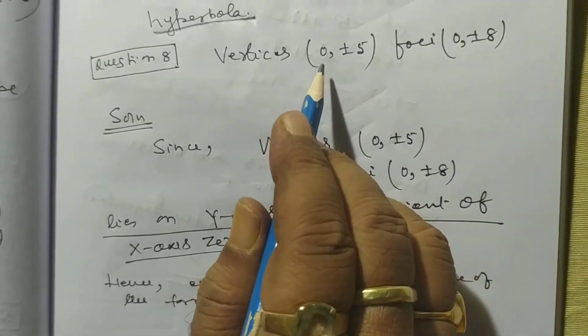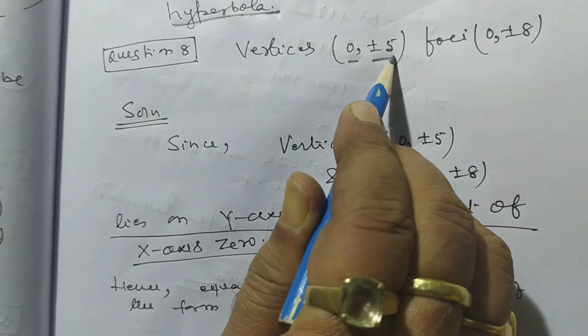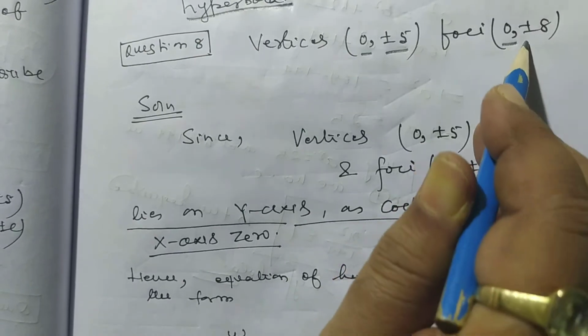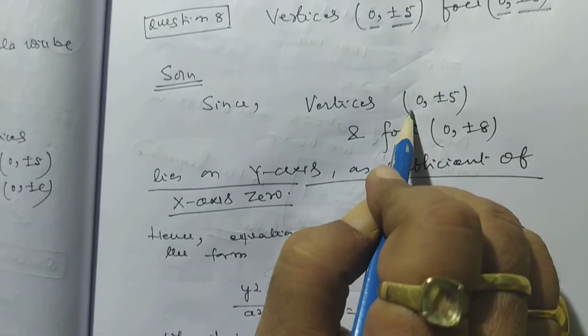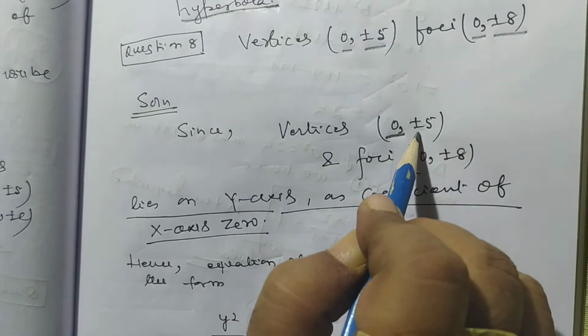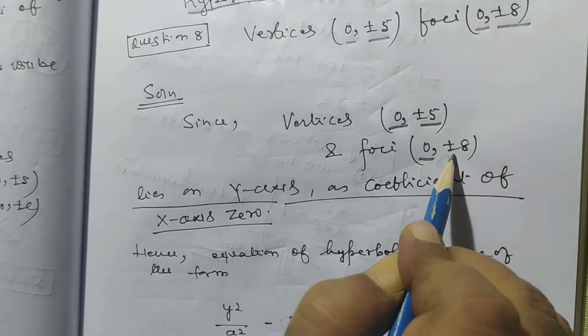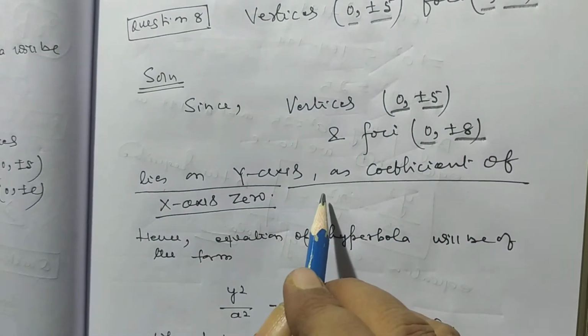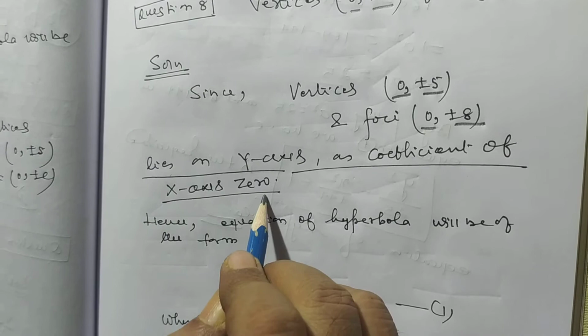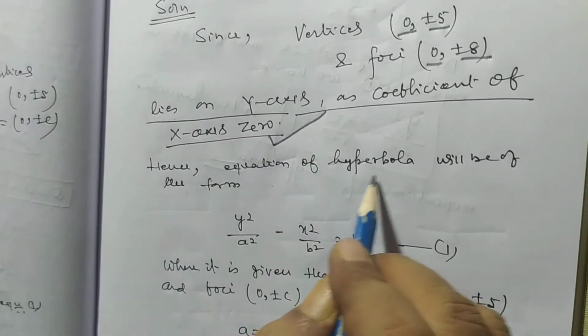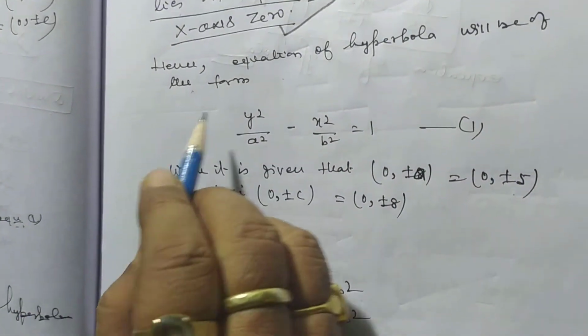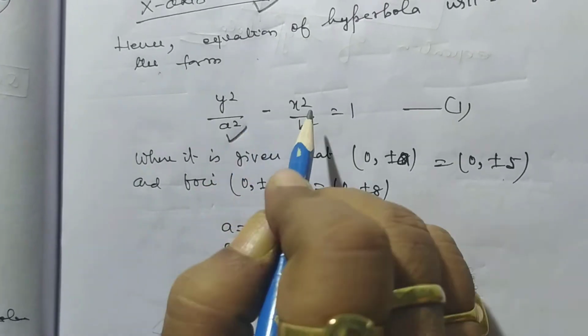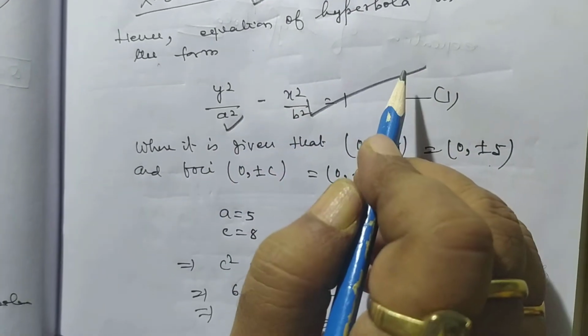Vertices 0 plus minus 5, foci 0 plus minus 8. Since vertices 0 plus minus 5 and foci 0 plus minus 8 lie on the y-axis, as the coordinate of x is 0, hence the equation of the hyperbola will be y square by a square minus x square by b square is equal to 1.